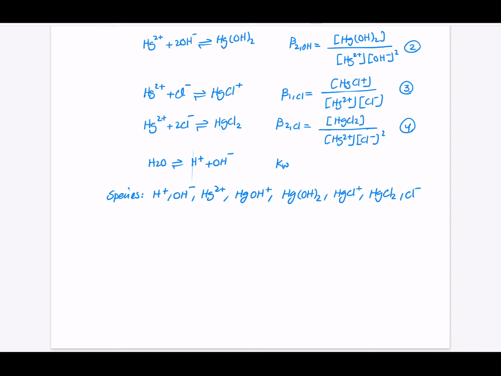So you're not allowed to use charge balance, because probably that Hg2 plus was introduced by something like an HgX2 type of salt. So you don't have information about that X. There might be so many other ions in the system, which is not given.